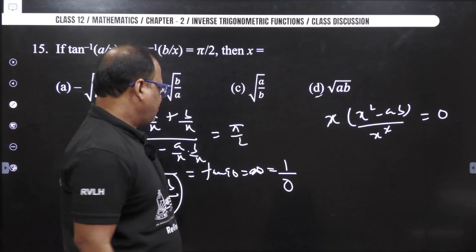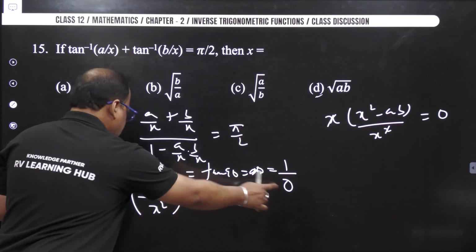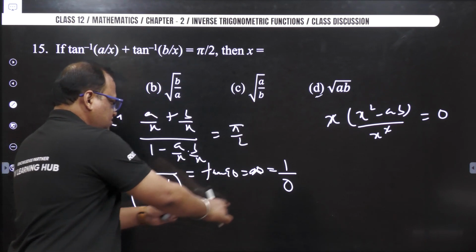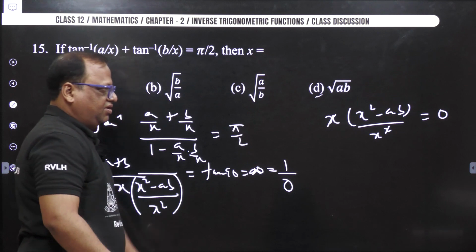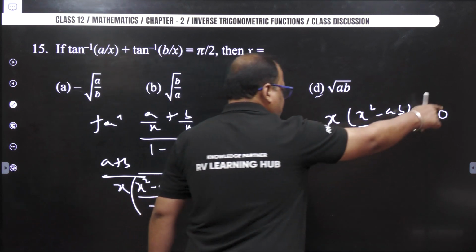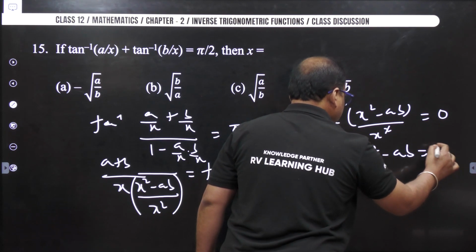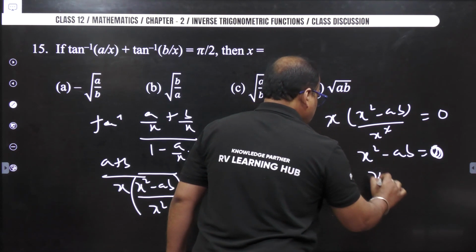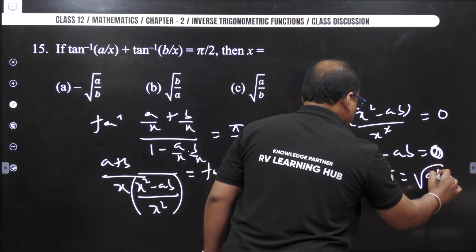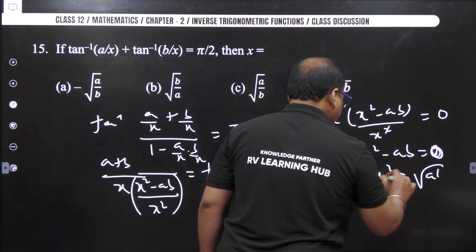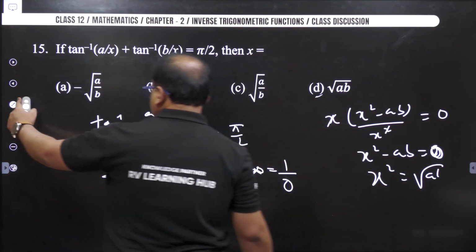Sorry. Understand, 0 into a plus b will be 0. This value into 1 will be coming here. Now again 0 into x it will become x square minus ab is equal to 0. 0 into anything is 0. So x square is equal to ab. X square equal to ab.